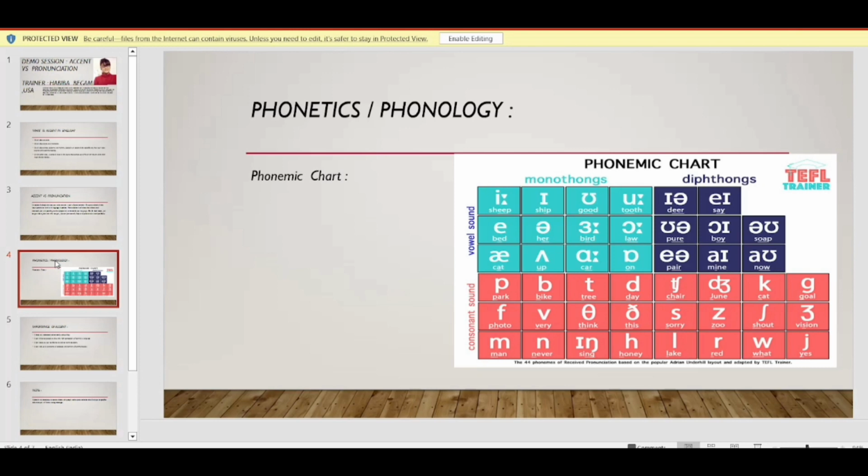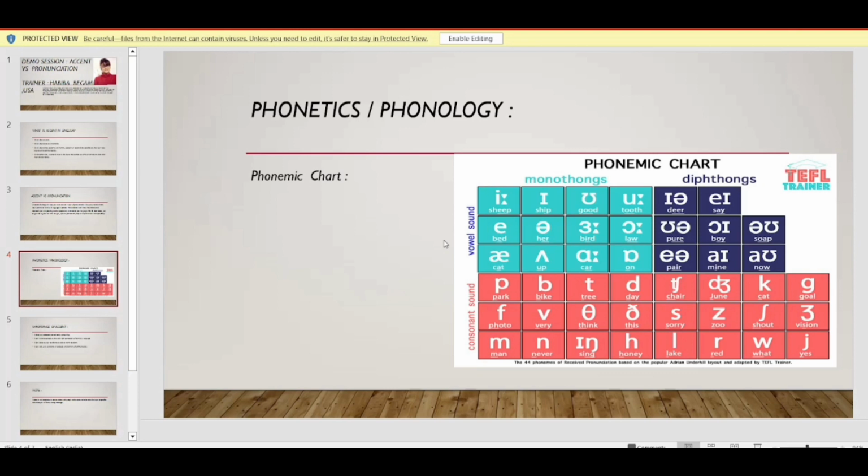So although we have a total of 26 alphabets, we have a total of 44 sounds, and we have to have command over all the sounds if we really want to develop our accent and pronunciation. You can see here and count it, and you will definitely find out that there are a total of 44 sounds.